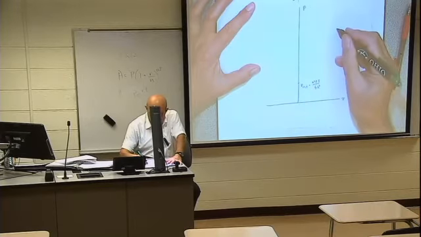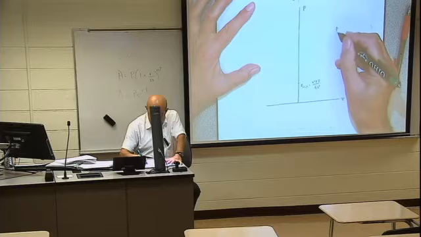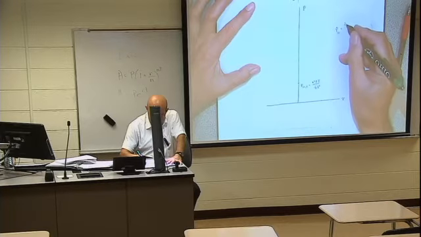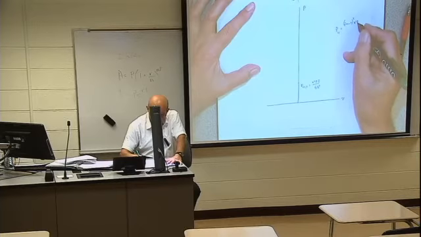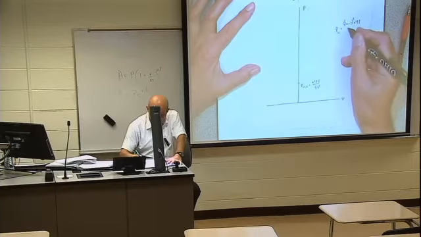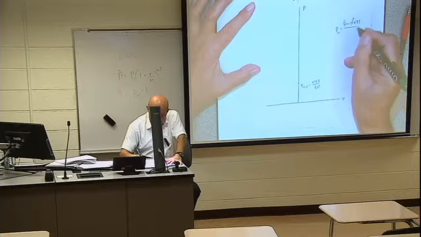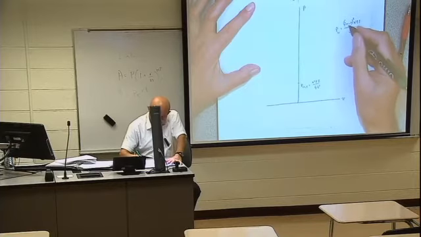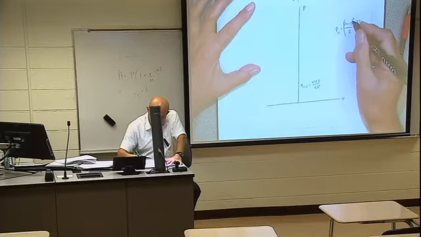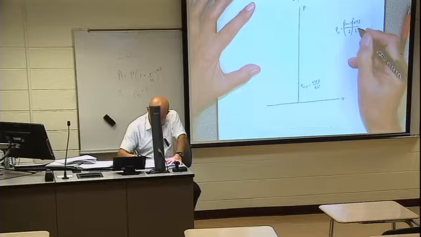And then the general expression is P critical equals (2n minus 1) squared pi squared EI over (2n minus 1) L squared.